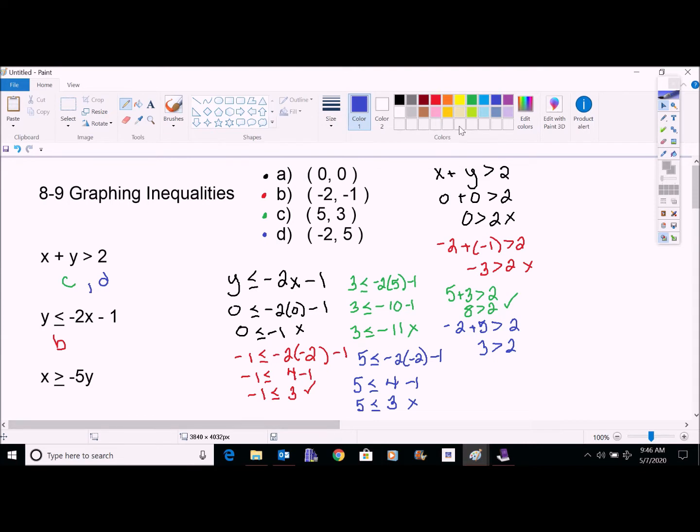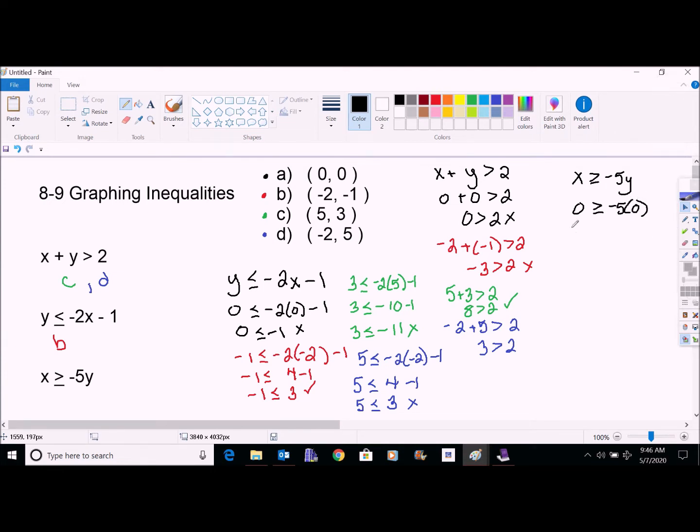Then we can look at the next one. We need to find the answers for x greater than or equal to -5y. Now this one, okay, we're going to try 0, 0. 0 greater than or equal to -5 times 0. 0 greater than or equal to 0.